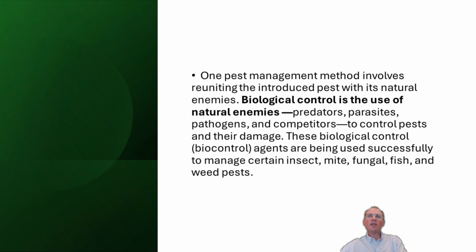Biological control is the use of natural enemies, predators, parasites, pathogens, and competitors to control pests and their damage. These biological control agents are being used successfully to manage certain insect, mite, fungal, fish, and weed pests.